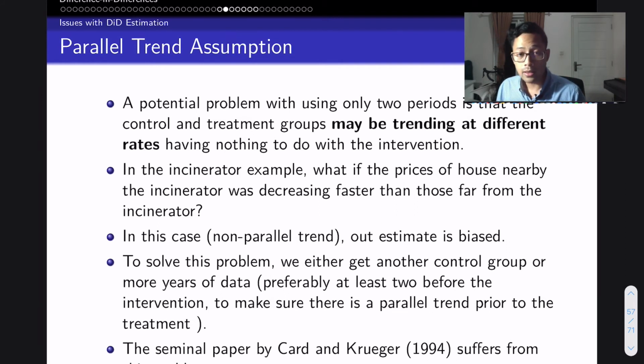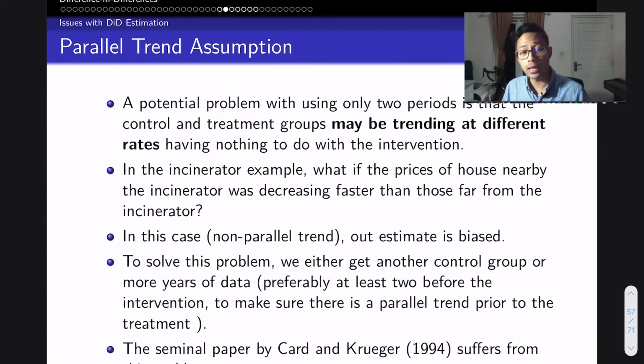If we look at the literature, there's this paper by Card and Krueger trying to evaluate the impact of minimum wage. I think this was one of those brilliant studies back in the time. However, the main comment that a lot of people gave them was, well, hold on a second, are we sure that the 2 areas with and without the minimum wage are actually trending at the same rate?